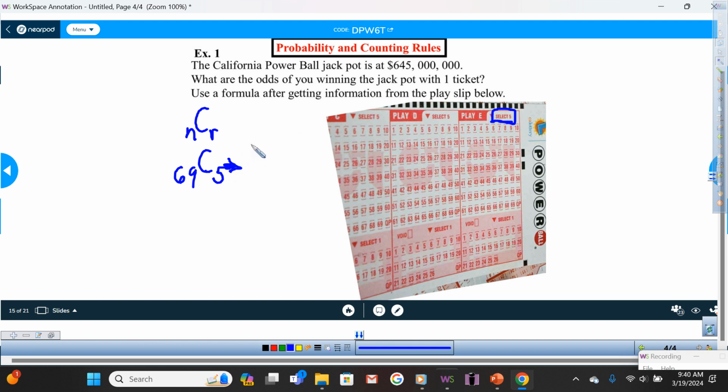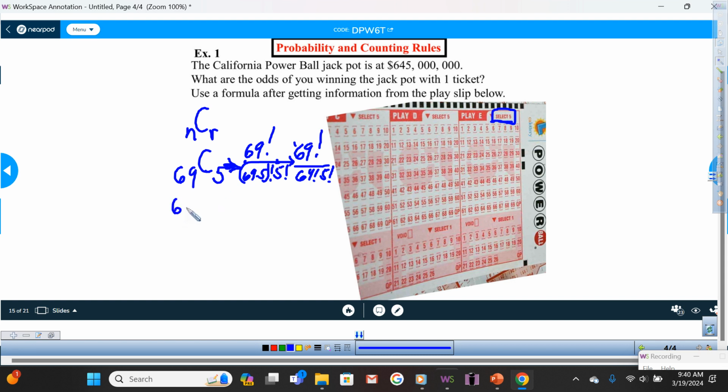So you should have written 69 factorial over 69 minus 5 factorial times 5 factorial, yes? So 69 factorial over 64 factorial, 5 factorial.